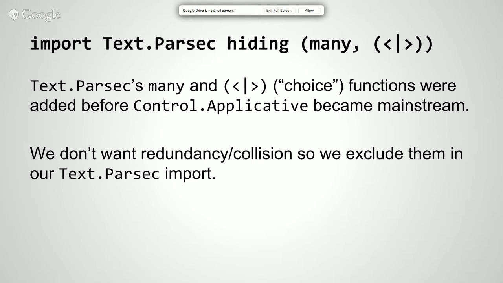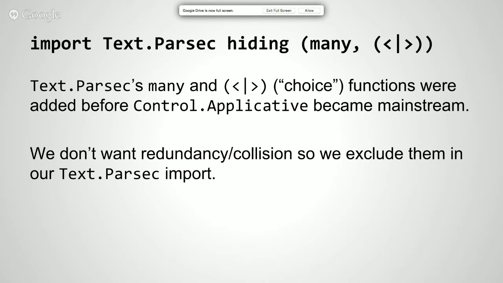And in this case, I use it to avoid importing Text.Parsec's legacy applicative functions because Control.Applicative is now mainstream and there are more general definitions of many and your choice operator. The choice operator is actually for Alternative, not Applicative, but you know what I mean.